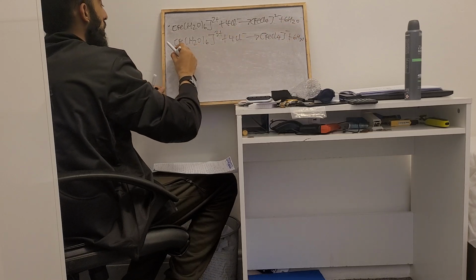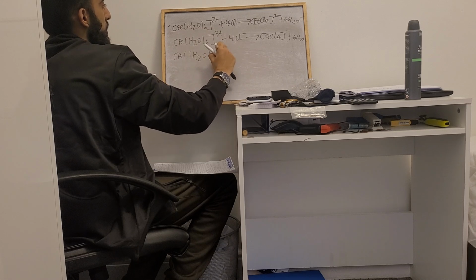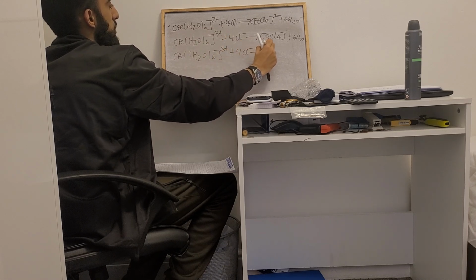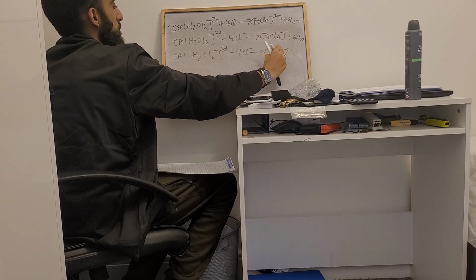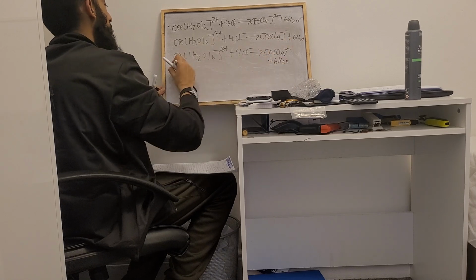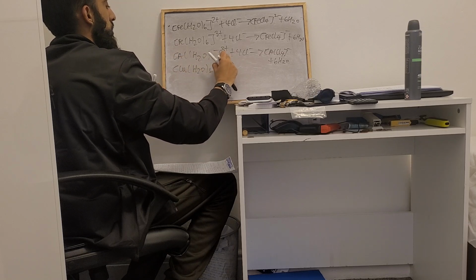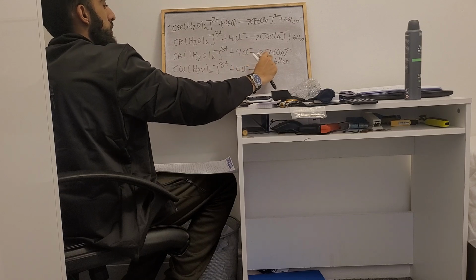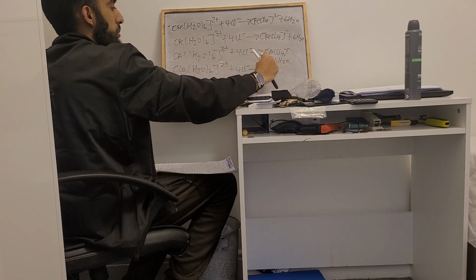And then I've got [Al(H2O)6]3+, aluminium is obviously 3+, plus 4Cl minus to form AlCl4 minus plus 6H2O. And what is the final one? Final one is copper, which is obviously 2+, so it would flip.